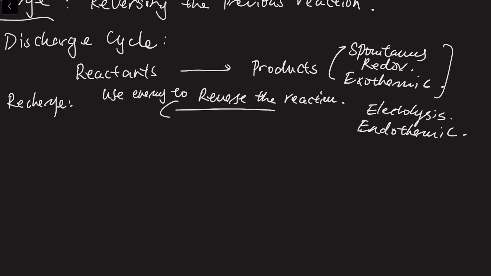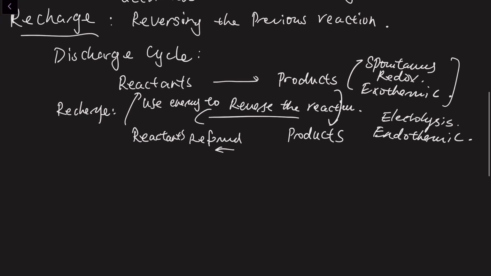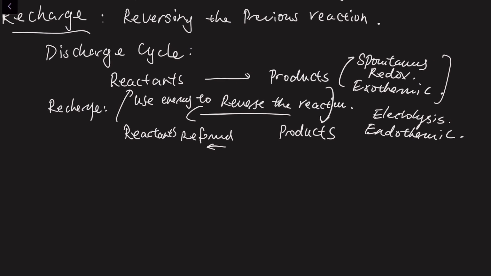So the products of your galvanic cell, or of your discharge reaction, will be reformed into reactants again. And then you can continue on with this cycle of recharge and discharge. And this is what's actually happening in your lithium-ion batteries, in your mobile phone, in your laptop, and in electric cars.